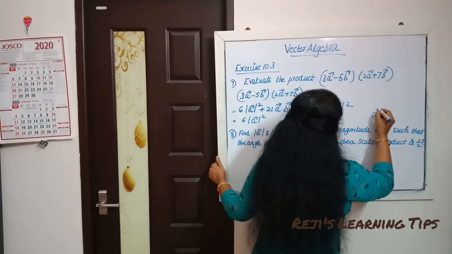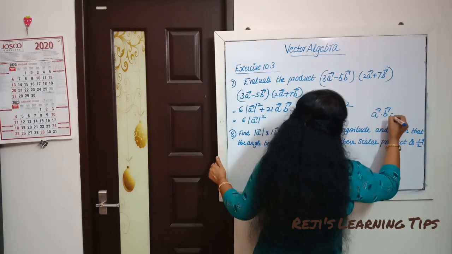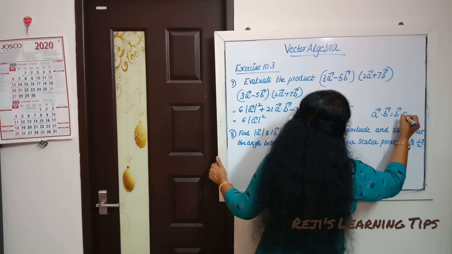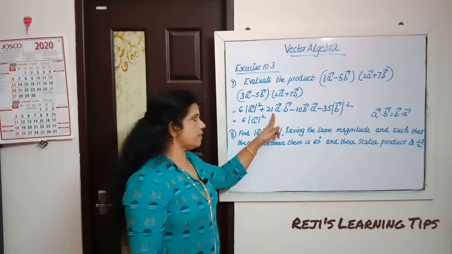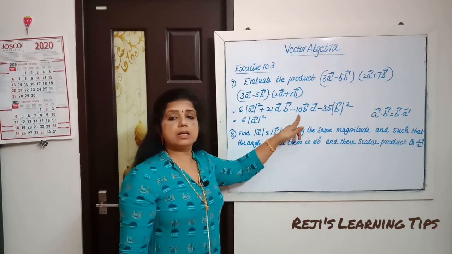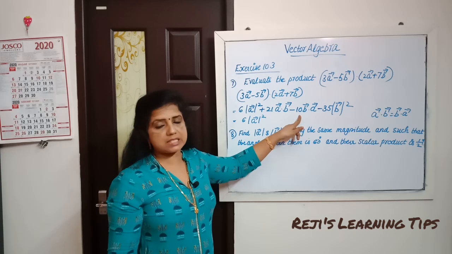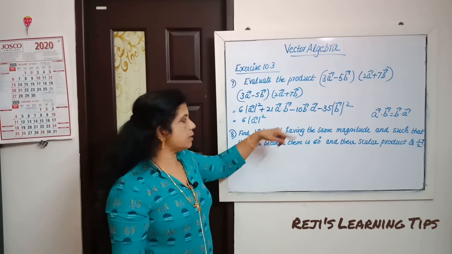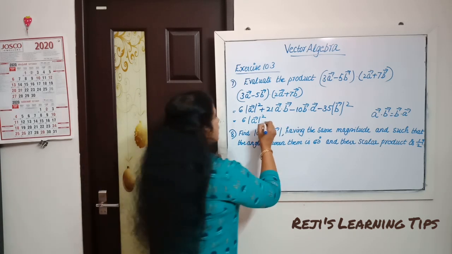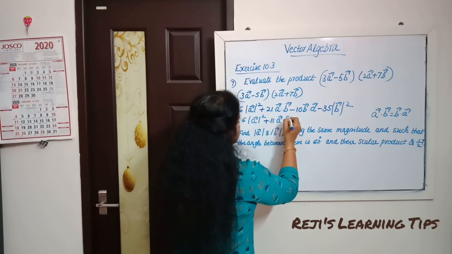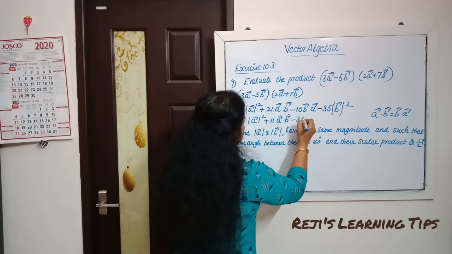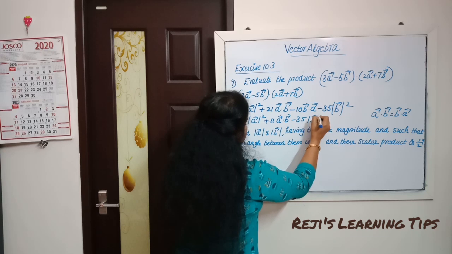We know A dot B is equal to B dot A because the dot product is commutative in nature. So 21 minus 10 is 11 A dot B, minus 35 modulus of B square.